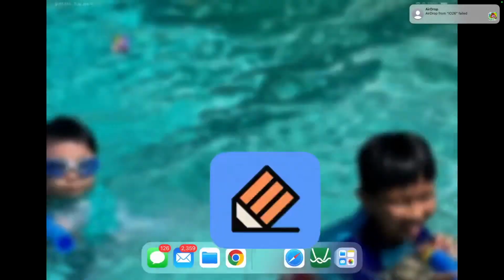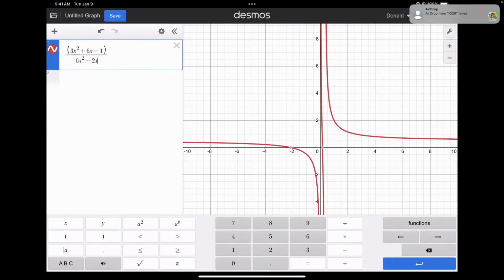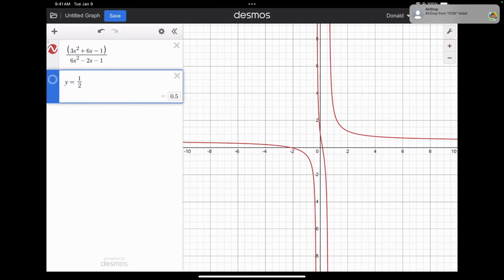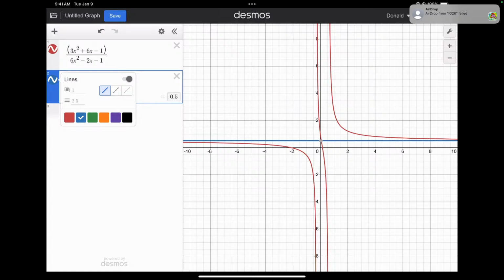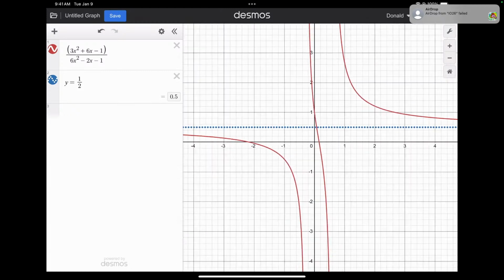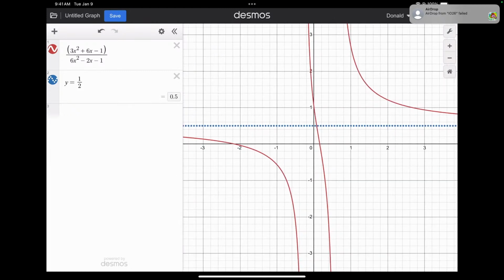Okay, then sketch y equals 1/2 and you'll see this. You're going to have some questions now. You see there's an asymptote there, but here's the problem: the graph actually went through the asymptote. That's not allowed for a vertical asymptote, so that's the misinterpretation.